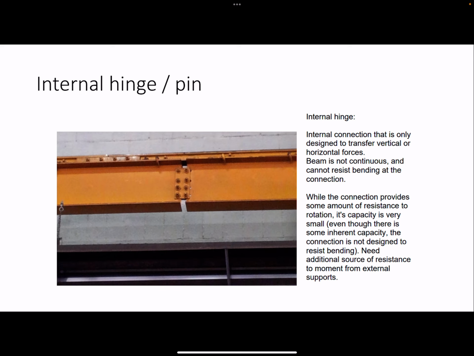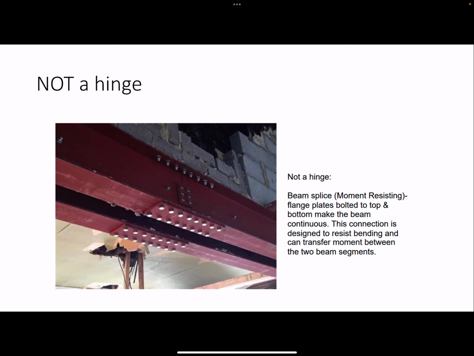And this, I imagine, is some type of temporary configuration. I can't imagine that this would actually be part of a complete structural system. So it's probably some kind of construction support or something like that. So that's one example there.